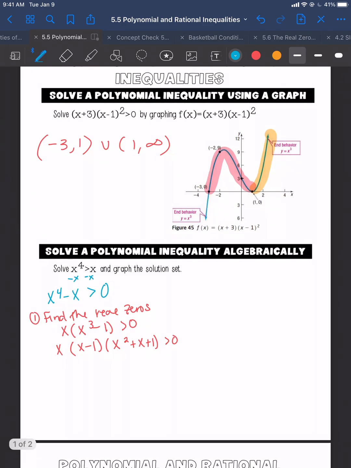And if you look at all of those and solve, we get x equals 0, x equals 1, and then the x squared plus x plus 1 has no real solutions.